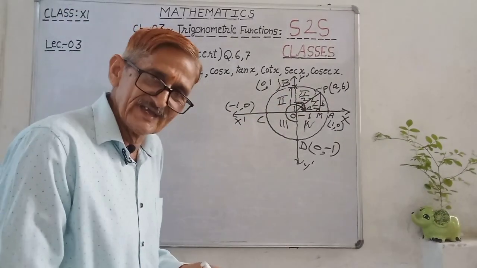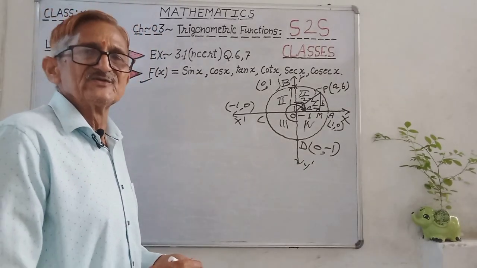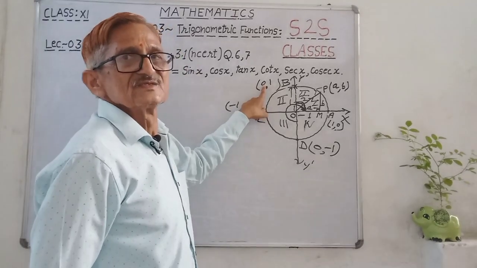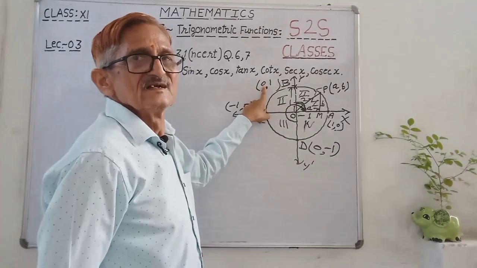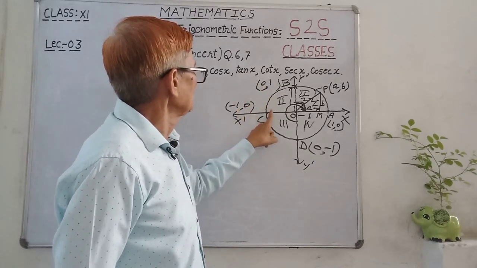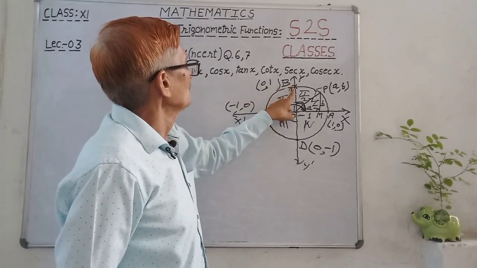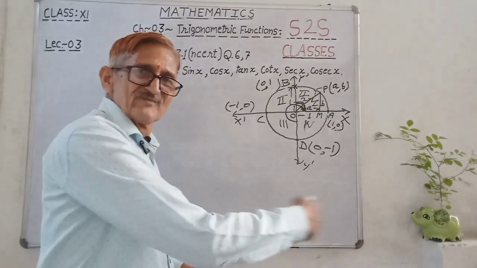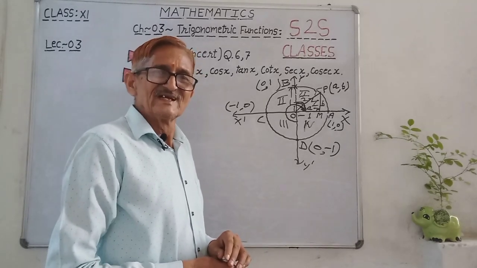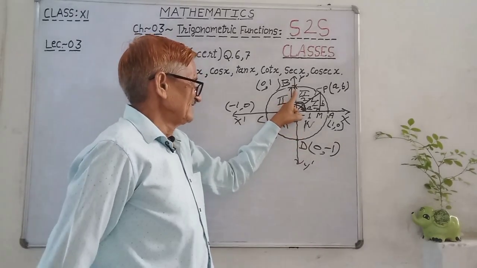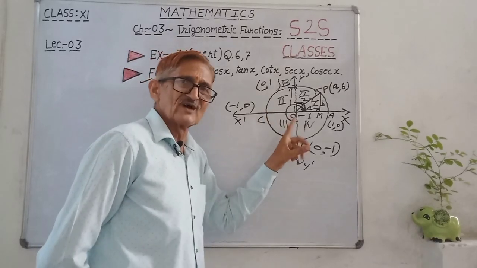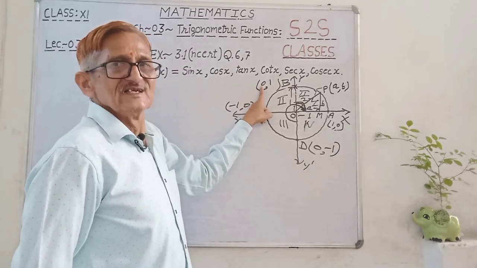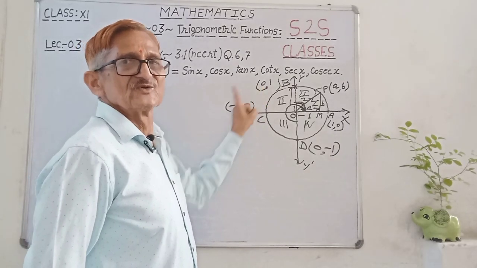pi by 2 to pi. If the angle goes from pi by 2 to pi, then cos 90 to cos 180 degree, the value is going to decrease from 0 to -1. 0 to -1 decreasing. If the angle is increasing from pi by 2 to 180, then the output, the value of the cos function, is going to decrease from 0 to -1.